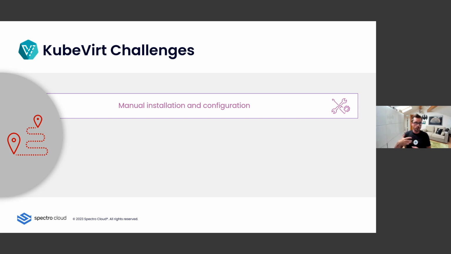To start, you first need a running Kubernetes cluster on which you install the KubeVirt operator, then the CRD for KubeVirt, and the various components. And you need to do that for every single cluster where you want to run VMs.